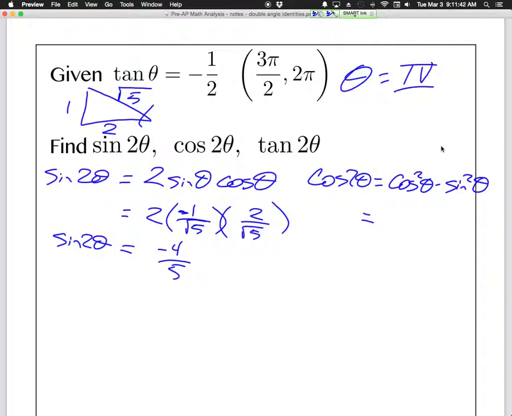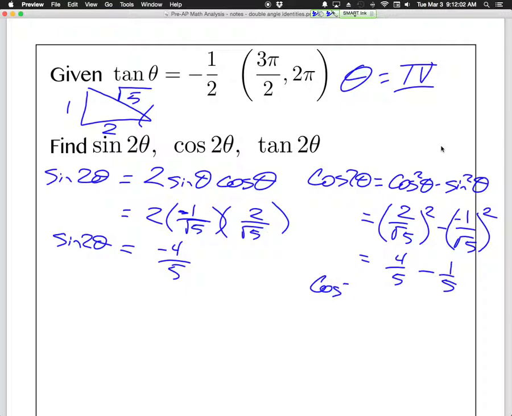So 2 over the square root of 5 squared minus negative 1 over the square root of 5 squared. So that's going to give me 4/5 minus 1/5. So that means cosine 2 theta is 3/5.